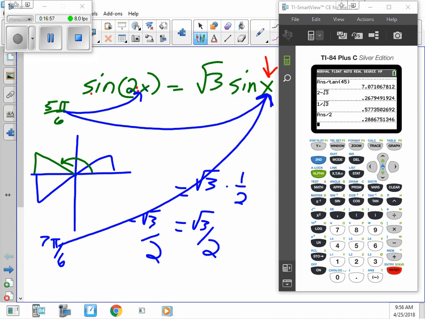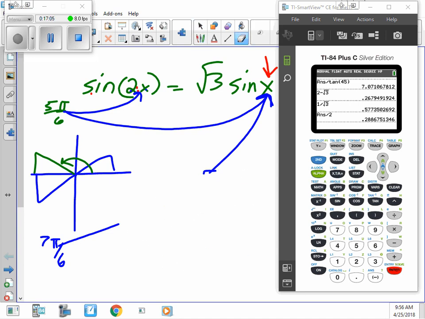Well, the doubled angle can be out of the range, but theta, or x, can't be out of the range. So when I plug it in there, I get root 3 times negative 1/2, right?